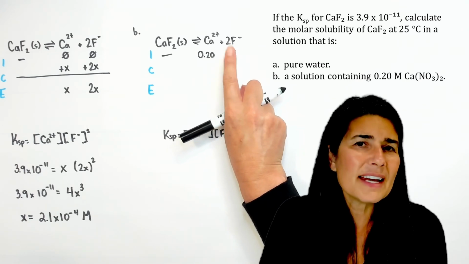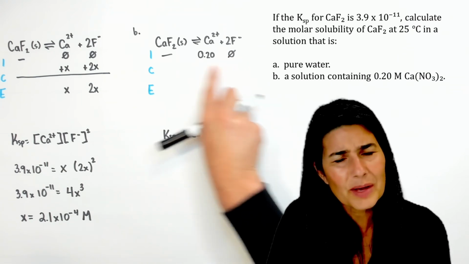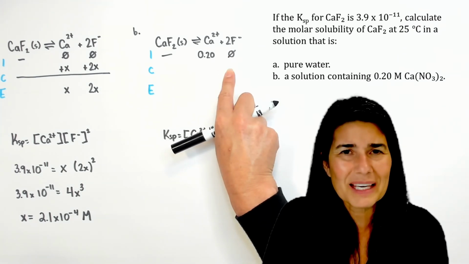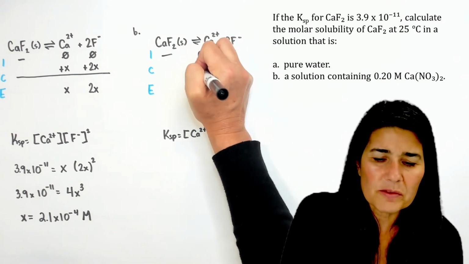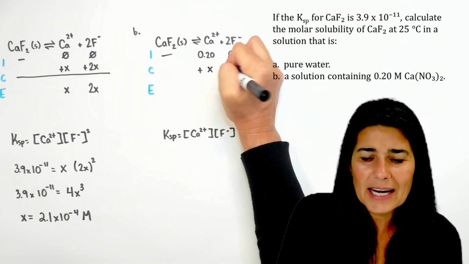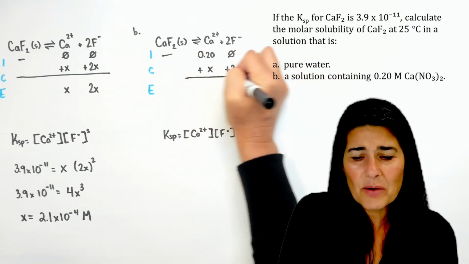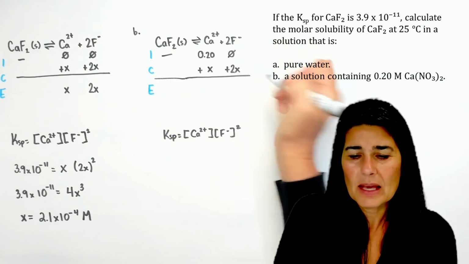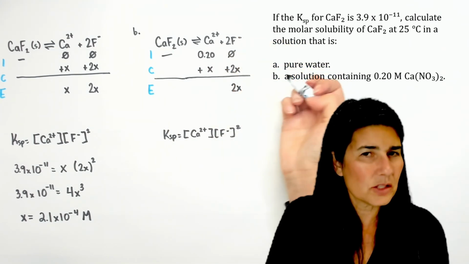Since the fluoride is 0, we're going to have to go in the forward direction. We have to produce some fluoride. You can't be at equilibrium if one of those is 0. So we're going to add X to the calcium, but we're going to add 2X to the fluoride. Now at equilibrium, the fluoride will be 2X. 0 plus 2X is 2X.